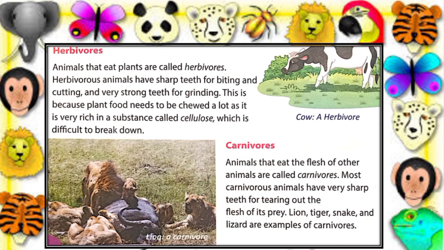Now let's understand the second type of animal, which are carnivorous, the animals that eat the flesh of other animals. And most of these animals have very sharp teeth for tearing out the flesh of their prey. Lion, tiger, snake and lizard are examples of carnivorous.